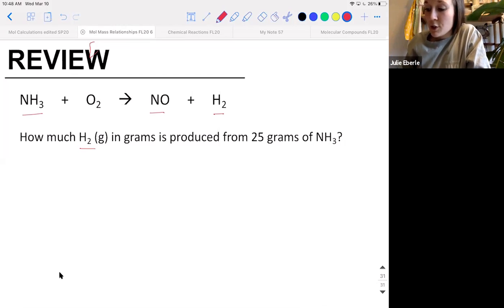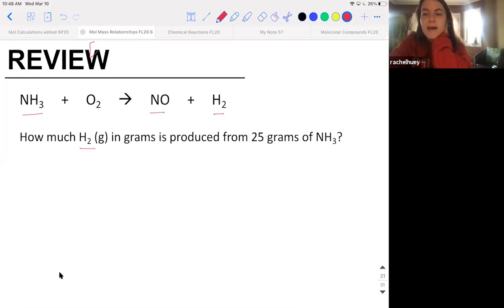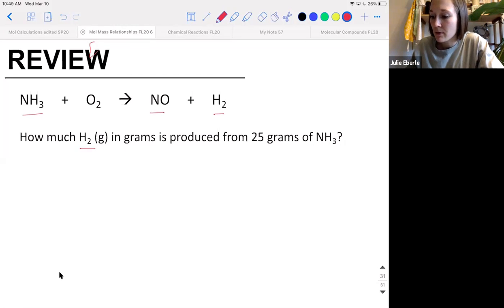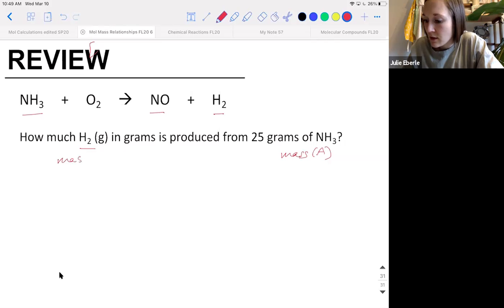So when you read this problem, I hope you can recognize what needs to be done. What kind of problem is this? A mass to mass ratio. It's one of those 3-part problems. So we're going to call this substance A. We're starting with the mass of substance A, 25 grams, and we're trying to figure out the mass of substance B. Again, if you don't like the AB stuff, just don't worry about that.